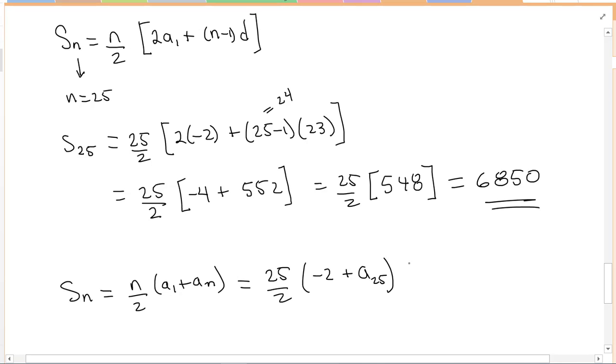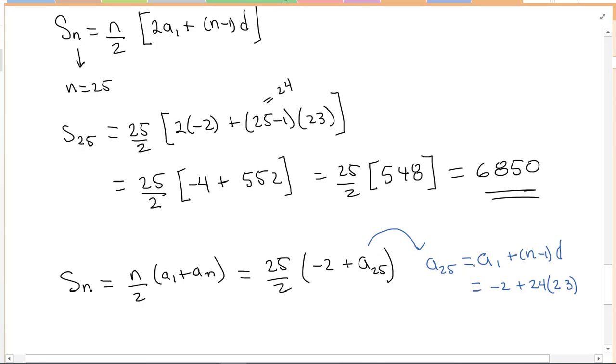So what is a25? We can find a25 by using the formula for an arithmetic term. It will be a1 plus n minus 1 times d. So this will be -2 plus 25 minus 1, so it's 24 times d, which is 23.